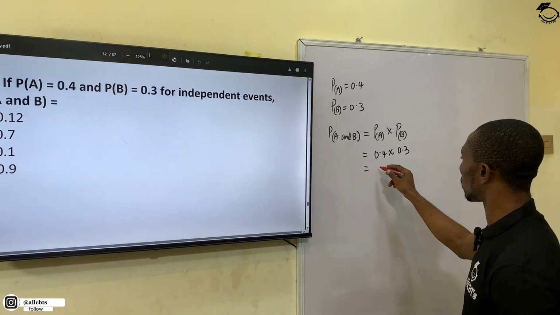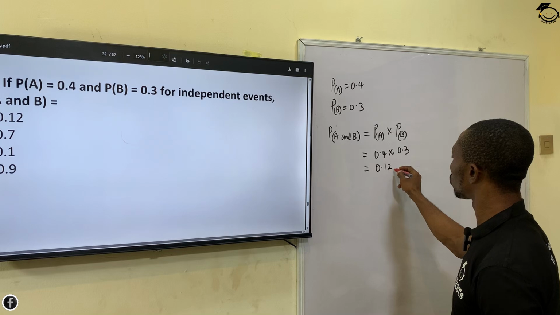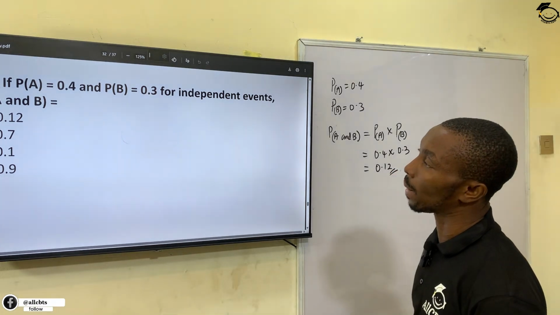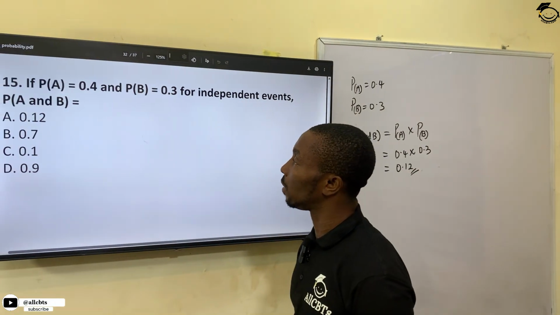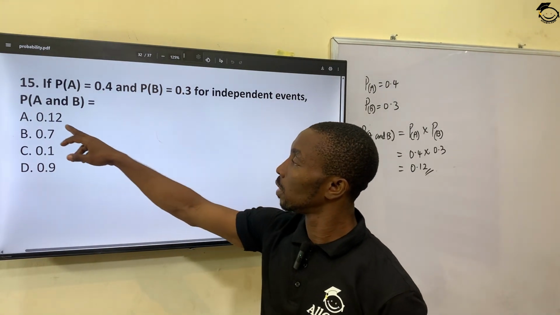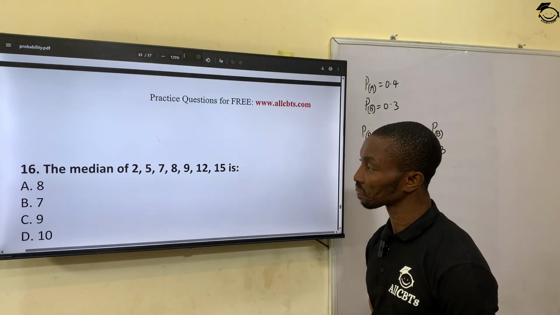When we calculate it out, 4 times 3 is 12, which gives us 0.12. All right, so the probability of A and B in this independent event would be 0.12, which is our option A.